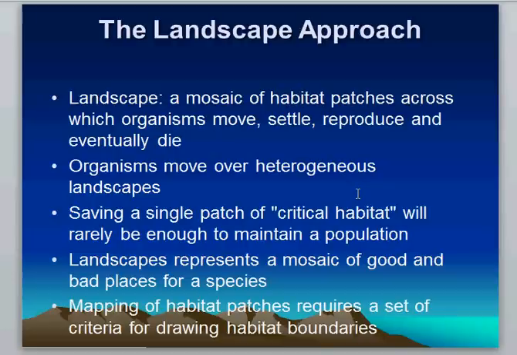And that's what a lot of the restoration work in Australia is doing.